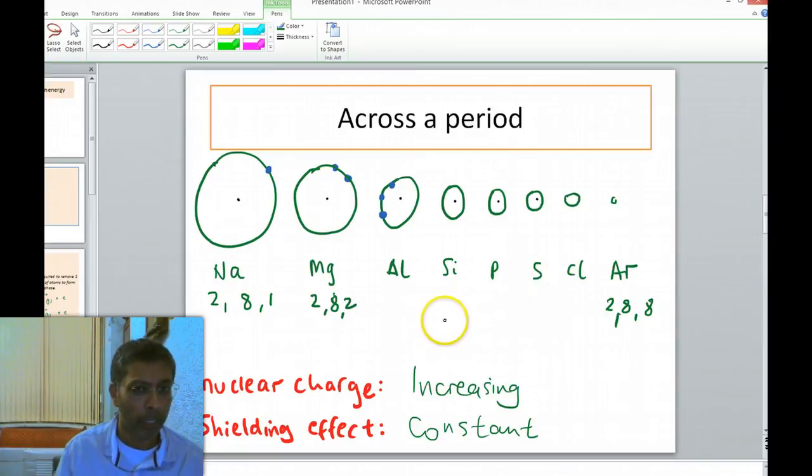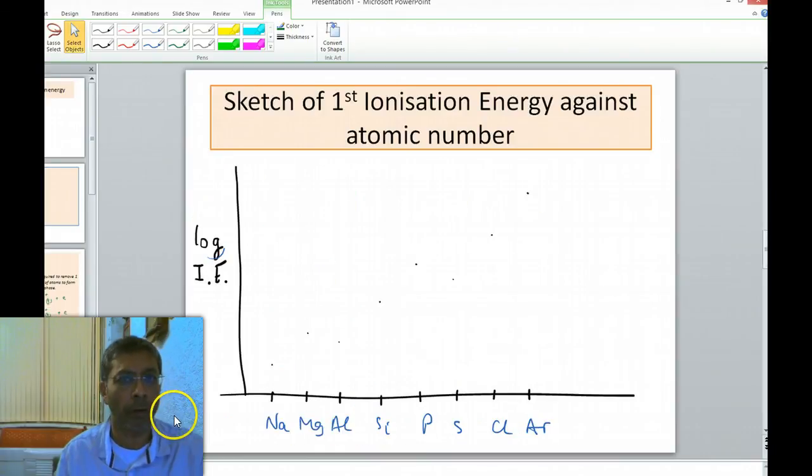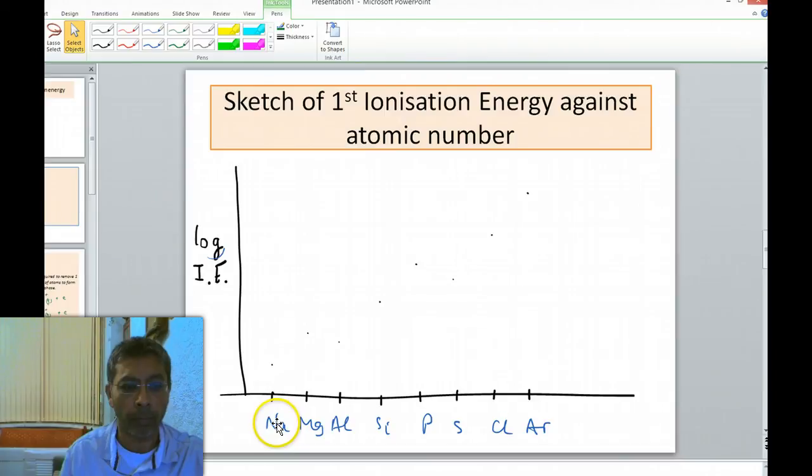Right, let's see if we can draw a sketch of the first ionization energy for each of the elements, sodium to argon. I've drawn it as log ionization energy just to reduce the scale, that's all, but the trend will be seen.